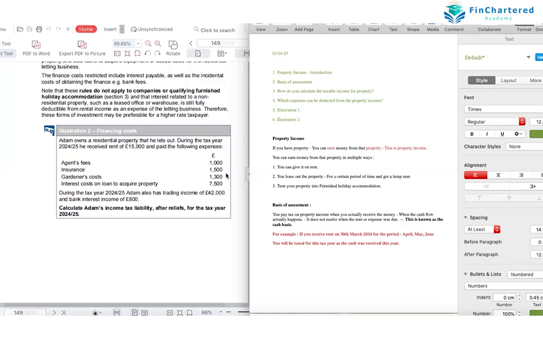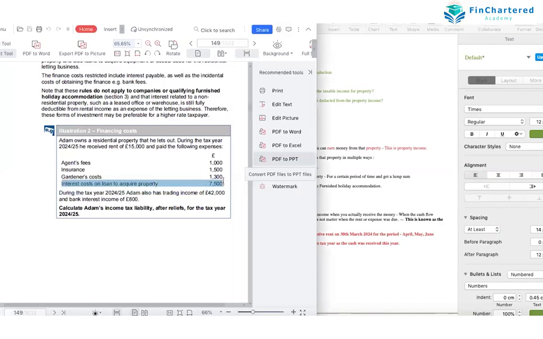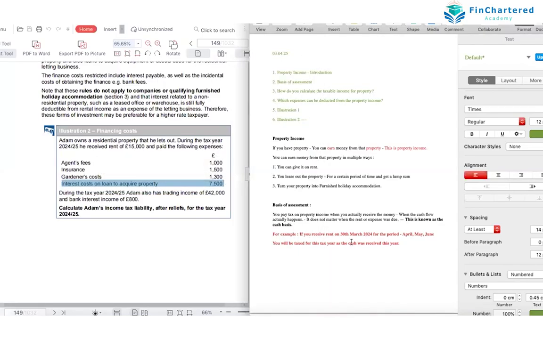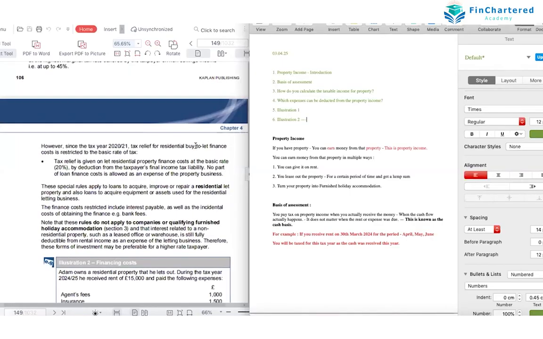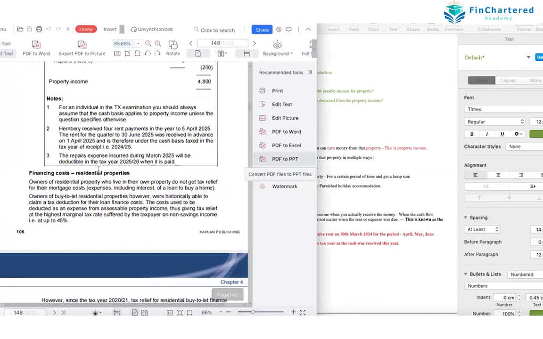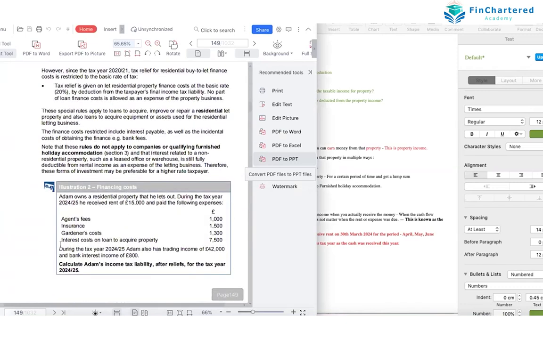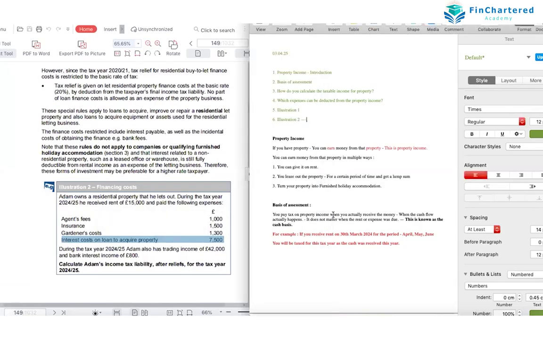The new thing in illustration 2 is the interest cost. That's why the topic is financing costs. Everything else we should be able to do. This checks you on financing cost.